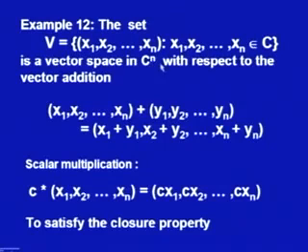If you consider Rn as a real vector space, then there will be a problem. So, to satisfy the closure property, we take x1, x2, ..., xn belonging to C instead of R, and this means that the set V is nothing but Cn. So, Cn forms a vector space with respect to these operations.